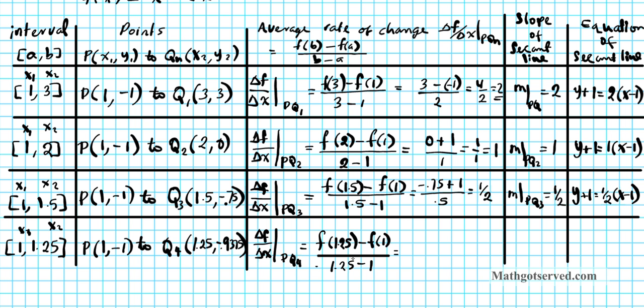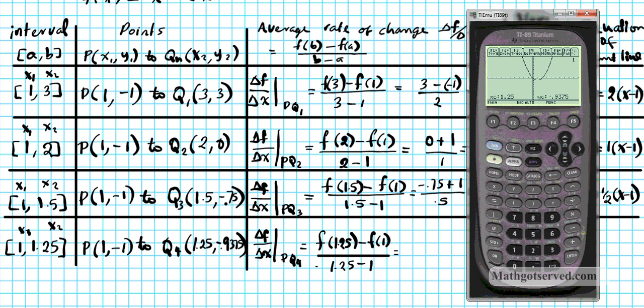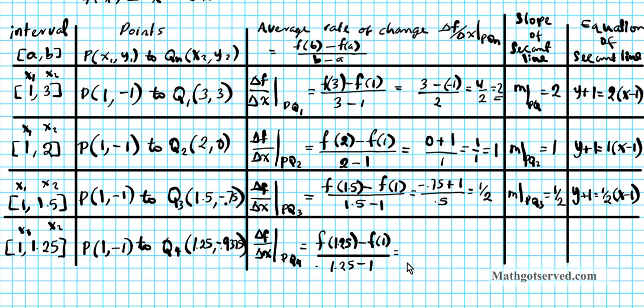That's what you get when you plug 1.25 into the original function. We already did it, so f of 1.25 is this value right here. So it's negative 0.9375 minus f of 1, which we know is negative 1, so minus negative 1 makes this plus 1, divided by 0.25.